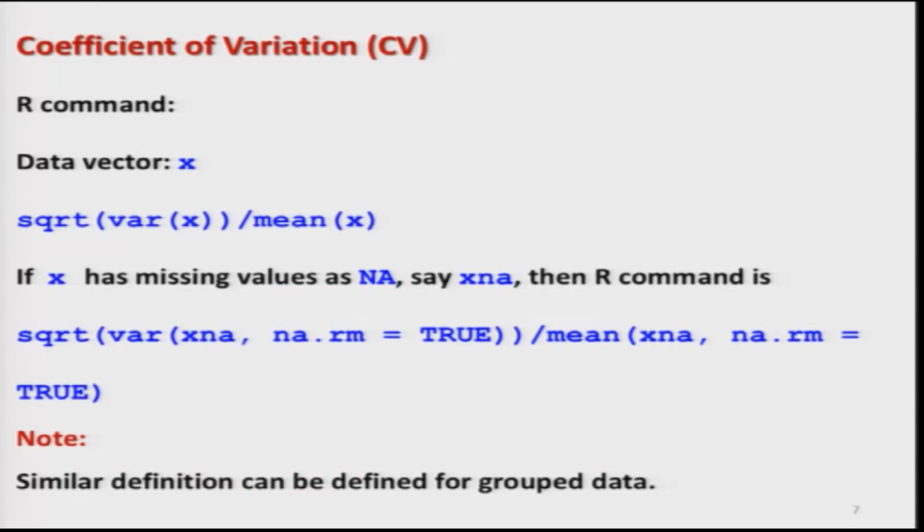Right. Now, the next aspect is how to compute it in the R software. As such, there is no built-in command inside the R software to compute the coefficient of variation, but computing it is very simple and straightforward.